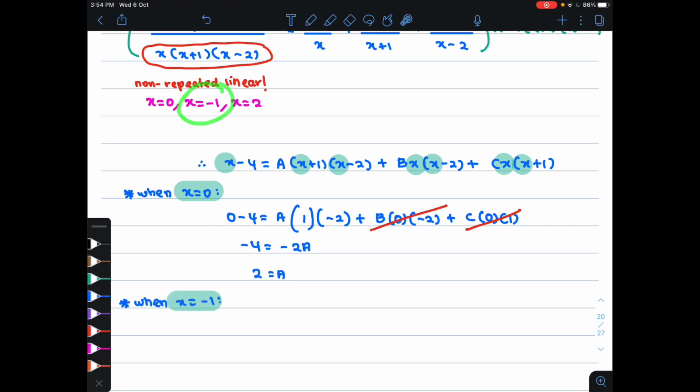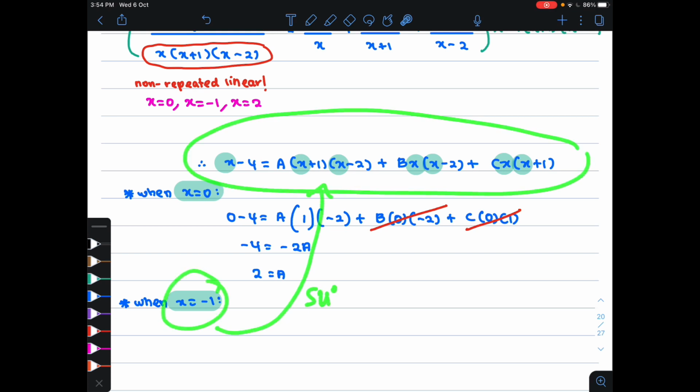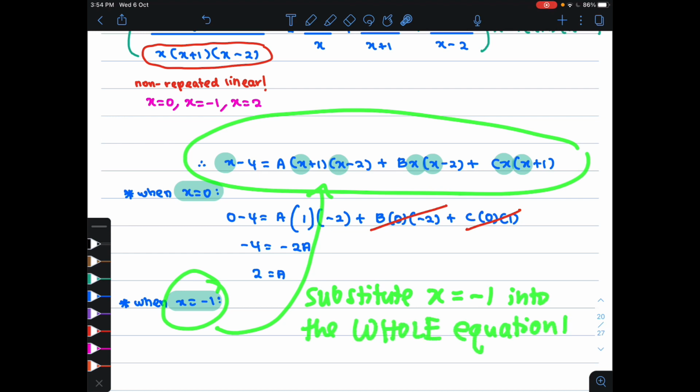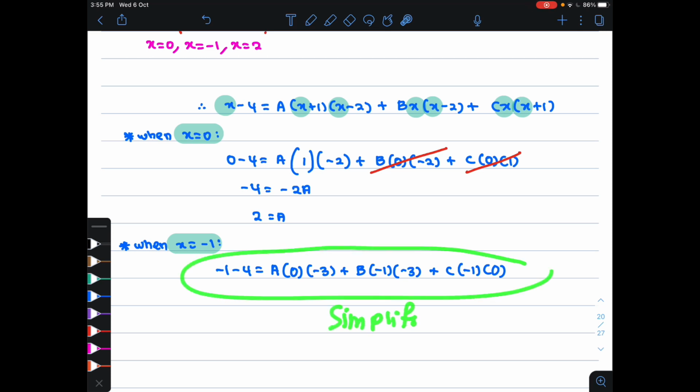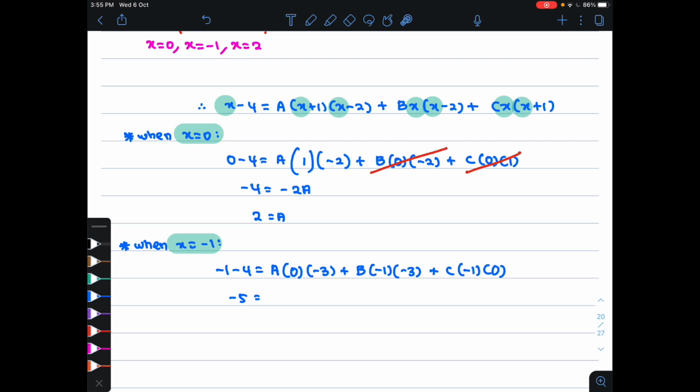Now let's do x equal to negative 1. For the first term, you can see that it is 0.